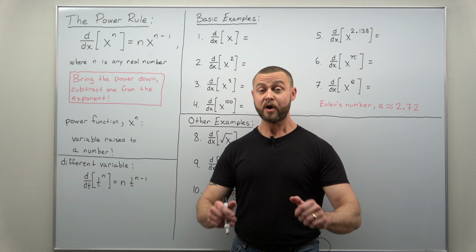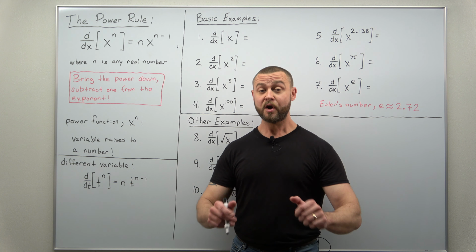You can apply the power rule when it's x raised to any real number. So let's suppose we were differentiating x raised to this peculiar power, x to the 2.138 power. The power rule still applies. We bring that power down, so we bring down 2.138.